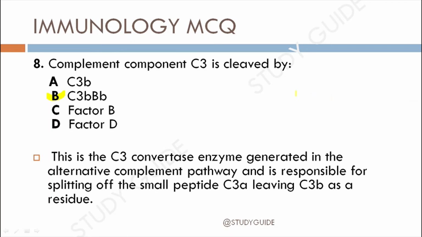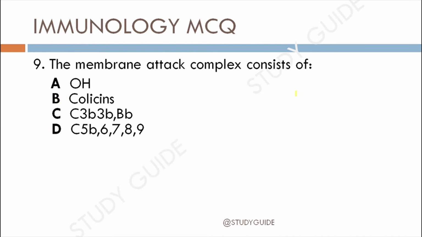Let's move toward the next question, question 9. The membrane attack complex, that is MAC, consists of which of the following options, ending with C5b, 6, 7, 8, and 9? What could be your answer?